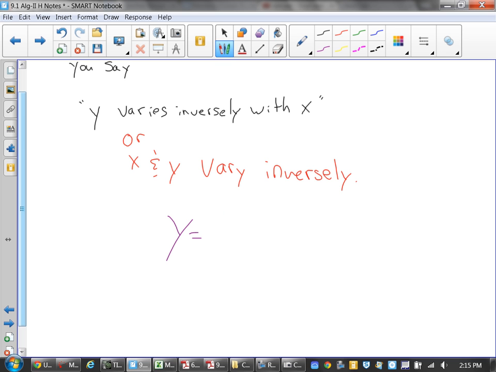Y equals something divided by x. That's all that means. Now, in order to tell whether something is direct or inversely related, it's a matter of looking at tables and trying to figure out what that value of k is going to equal. If it equals the same thing for each set in the table, that's how it goes. And I'll show you that.